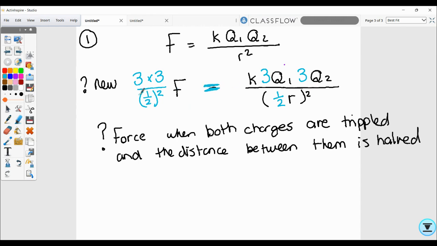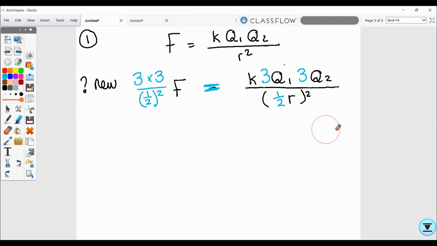This is literally the easiest way to do this, guys. If you're unsure about the algebra here, you can type it in your calculator and it's going to give you the value. If you go 3 times 3 over, put brackets, put 1 over 2 as a fraction and put 2, it's going to give you the answer. But you should get 24.